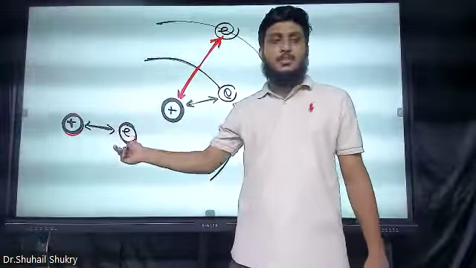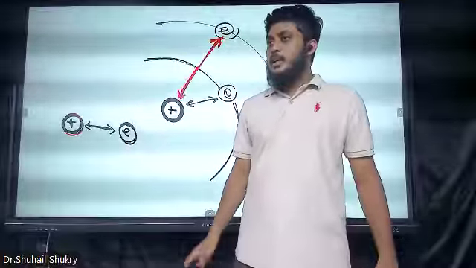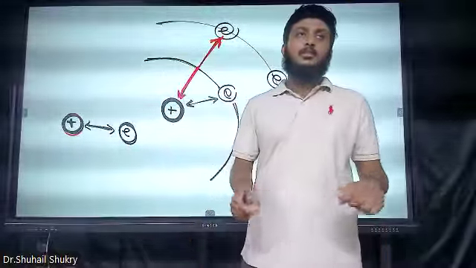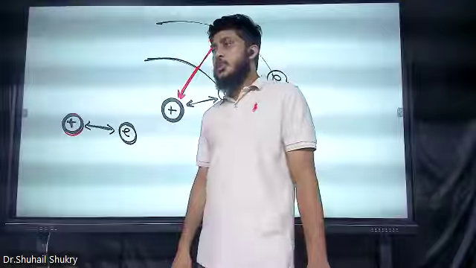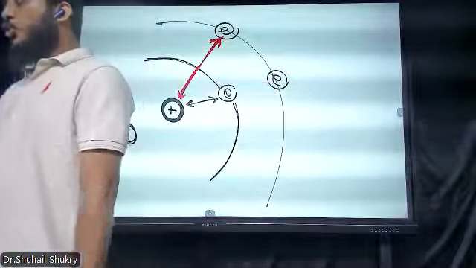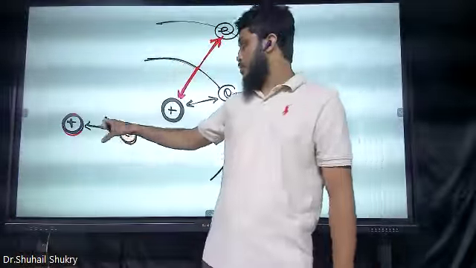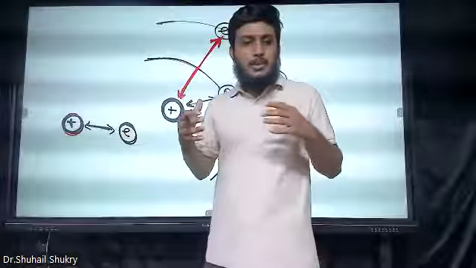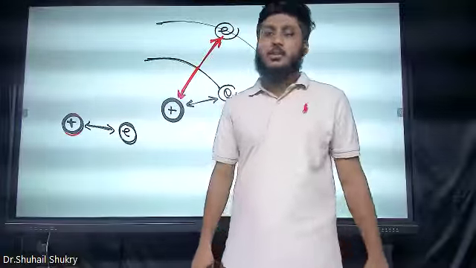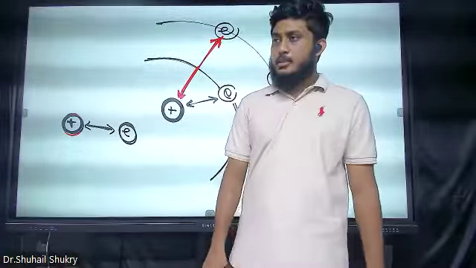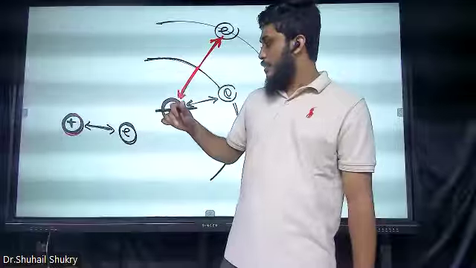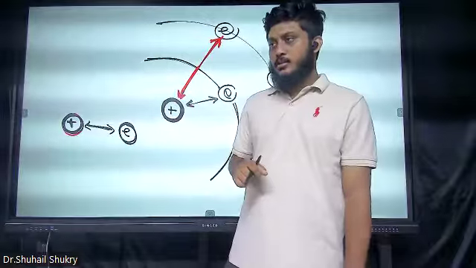This nuclear charge occurs between what and what? The nucleus means actually the proton. In the nucleus, the proton and the electron only have the nuclear charge. Can you understand? Alright.